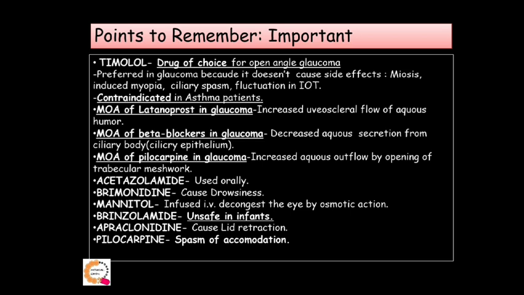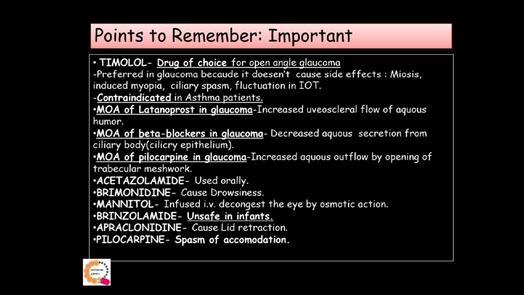And the mode of action of pilocarpine in glaucoma, and all the myotics, is increased aqueous outflow by opening of the trabecular meshwork.